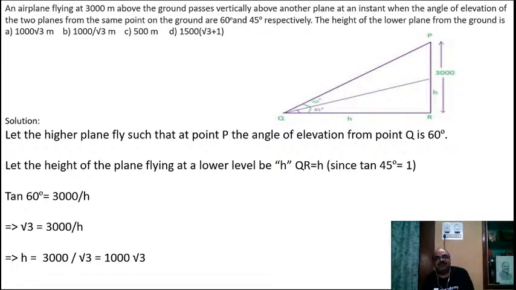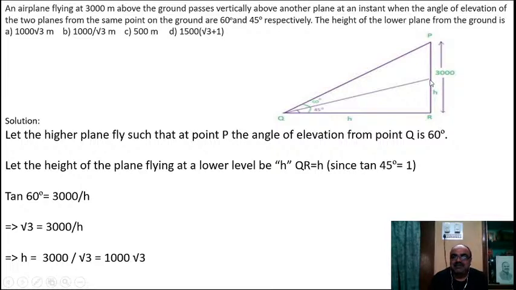There is one flight which is traveling at 3000 meters above the ground, passes vertically above another plane at an instant when the angle of elevation of the two planes from the same point on the ground are 60 and 45 degrees. Interesting. Okay. The height of the lower plane from the ground.